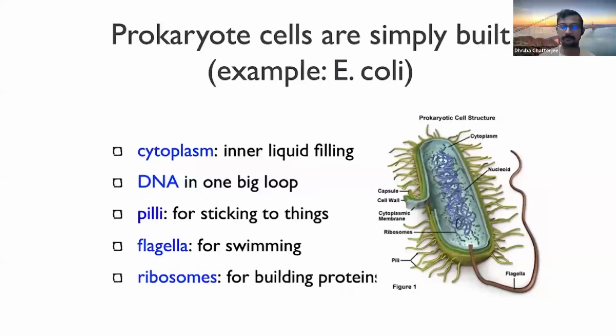They primarily consist of bacteria and archaea. In evolution, since these are the first cells to be formed, they are much simpler, and eventually in evolution much more complex forms of cells were formed, which are the eukaryotic cells.